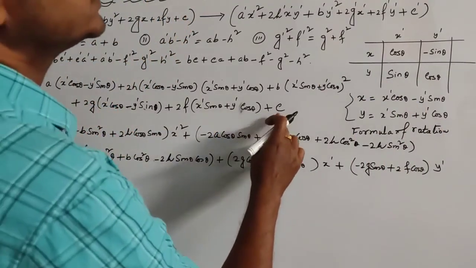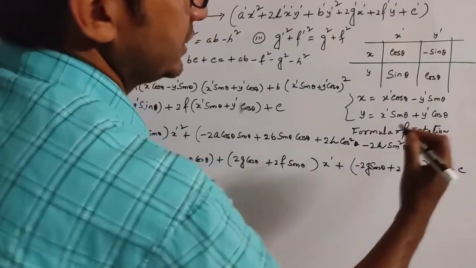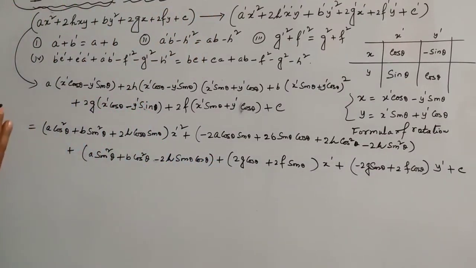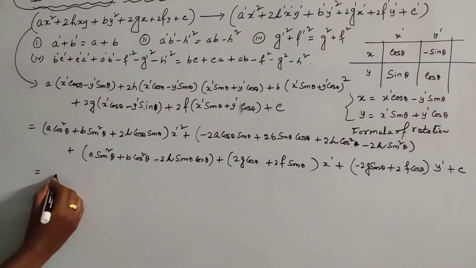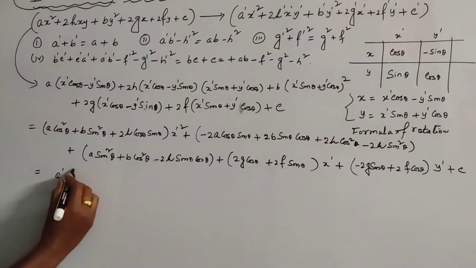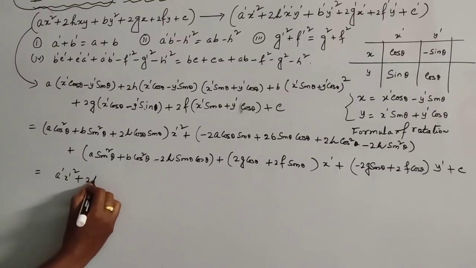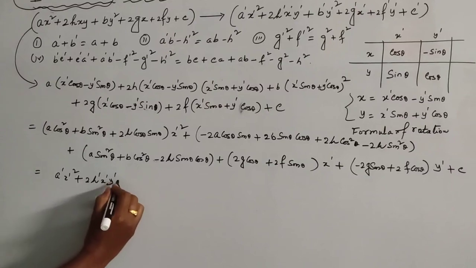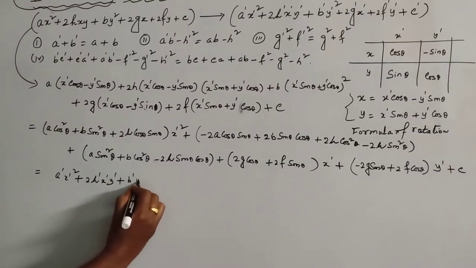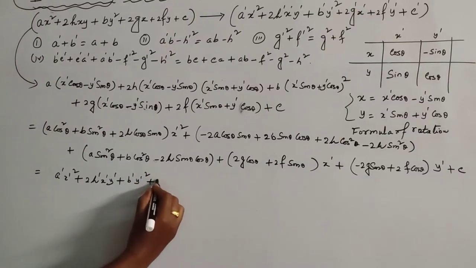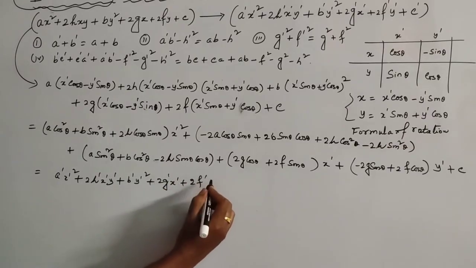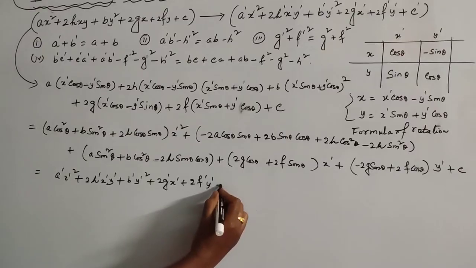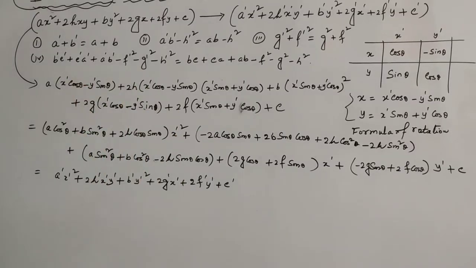And this is c. We compare this relation with a dash x dash square plus 2h dash x dash y dash plus b dash y dash square plus 2g dash x dash plus 2f dash y dash plus c dash.